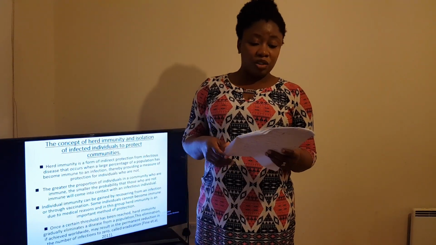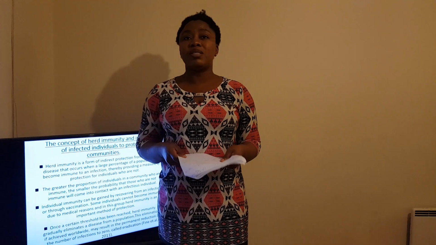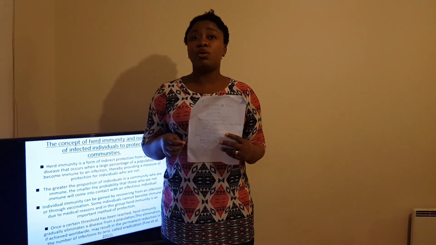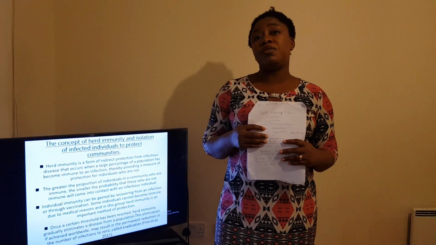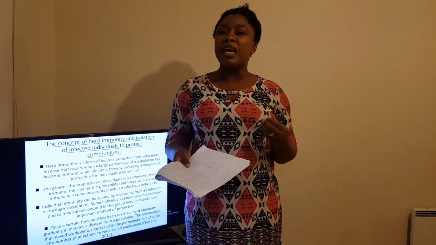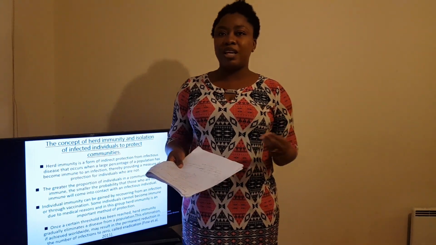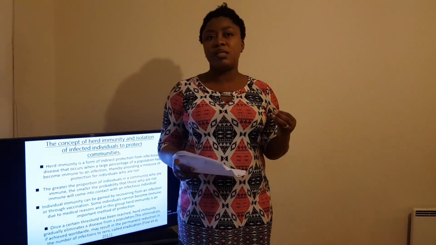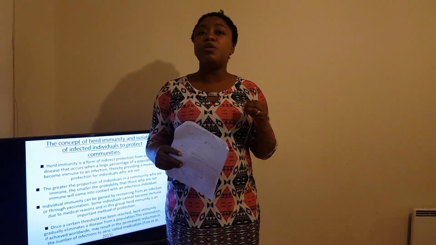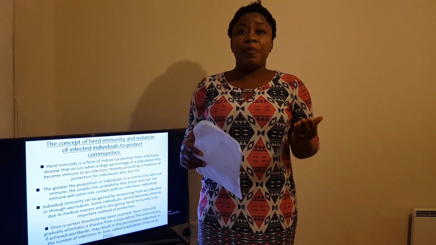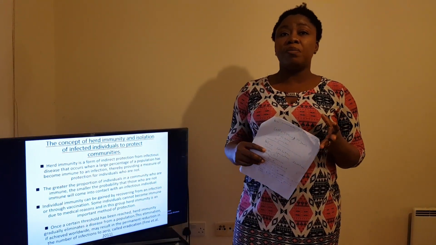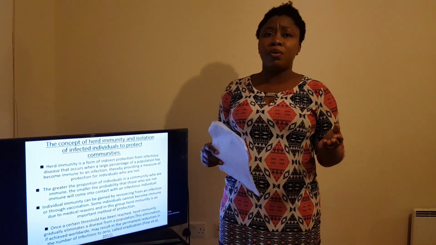And this also brings me to the concept of herd immunity and isolation of infected individuals to protect communities. Herd immunity is a form of indirect protection from infectious disease that occurs when a large percentage of a population has become immune to an infection, thereby providing a measure of protection for individuals who are not.